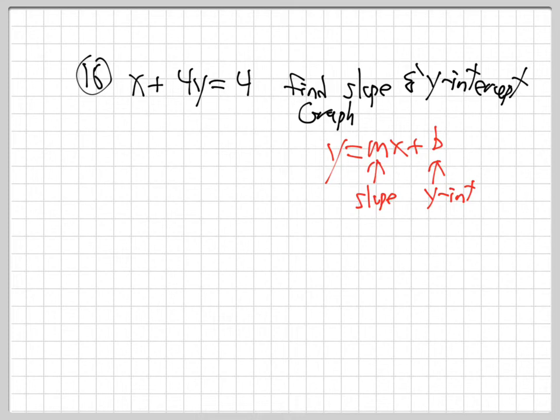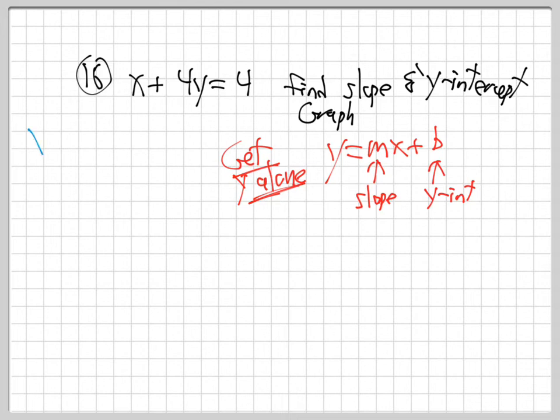That's how you find the slope and the y-intercept. You just get y alone. So that's what you do when they tell you to find the slope and the y-intercept. You think, oh, they're just saying get y alone. Because if I get y alone, the slope and the y-intercept will be right there, right in front of my eyes. So I say, oh, okay, I can do that.